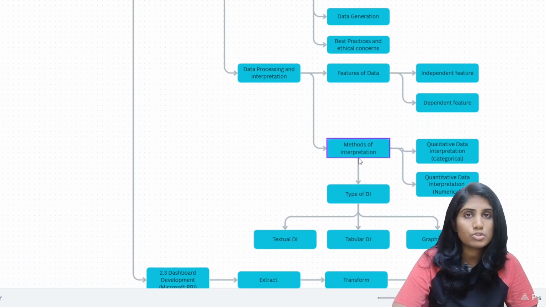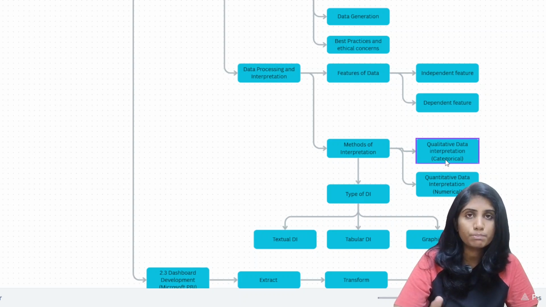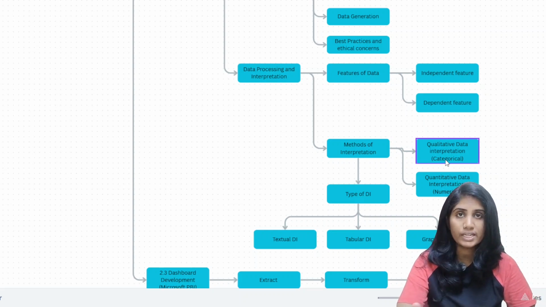Methods of interpretation means, from the output, we have two types. One is qualitative data interpretation, which is of a categorical value, and the other is quantitative data representation, which is a numerical value. For example, if we want to improve any AI model or any app based on the comments given by the user: if the user feels happy, he will give a 5 rating and he will say, okay, I felt good and it is a very good app to use.